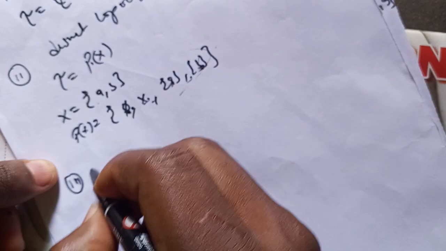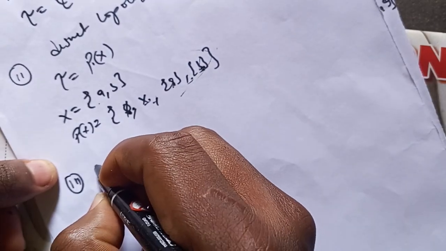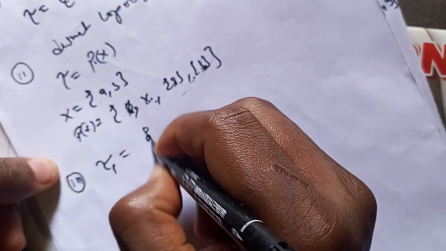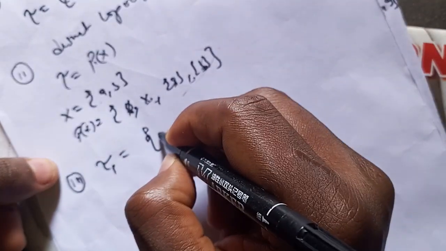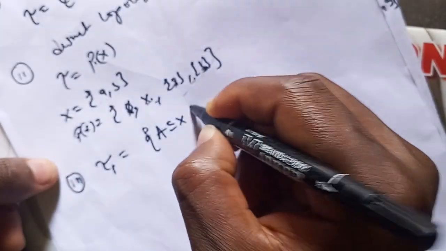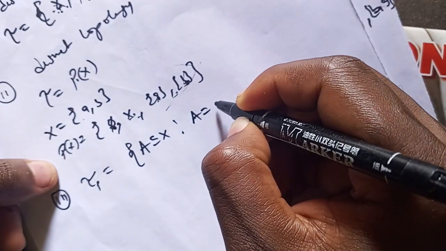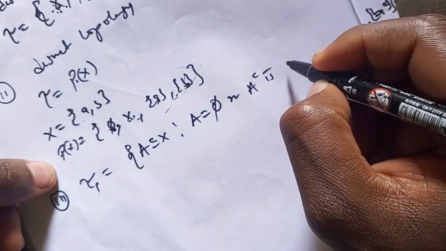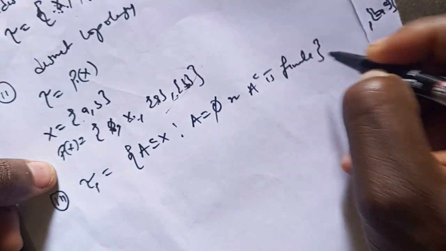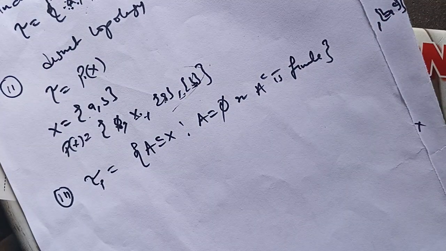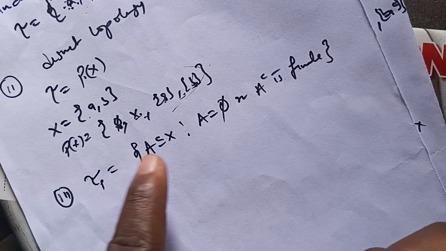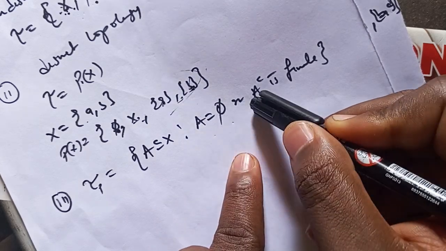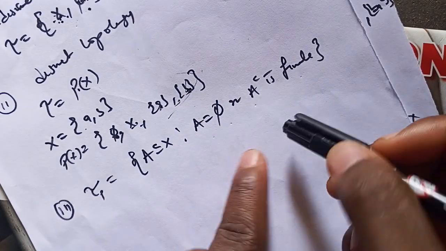Now the cofinite topology, let me call it tau p, just a notation, is defined as the collection of subsets A of X such that A is empty or A complement is what? Finite. So this is a cofinite topology. It is the collection of subsets of X such that A is either the empty set or its complement is finite.